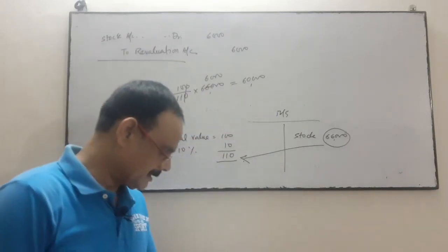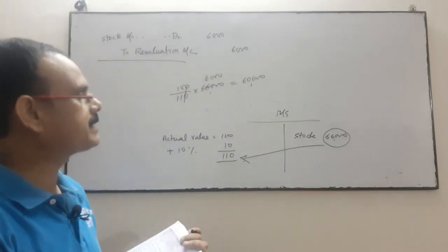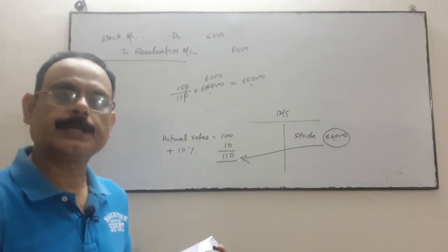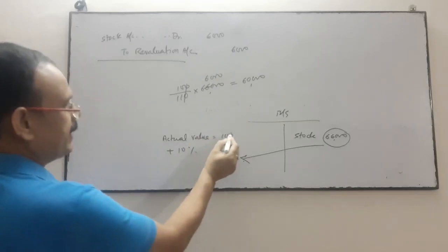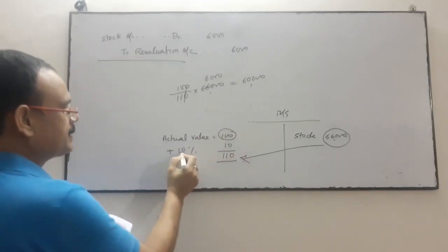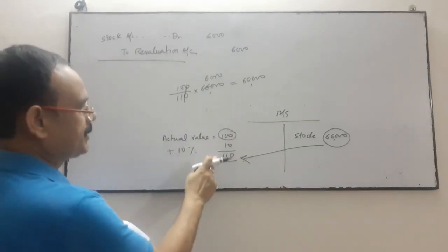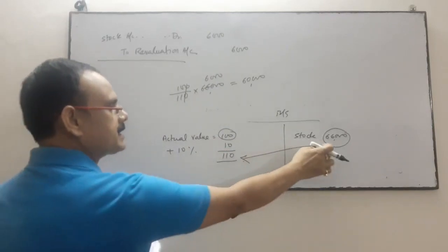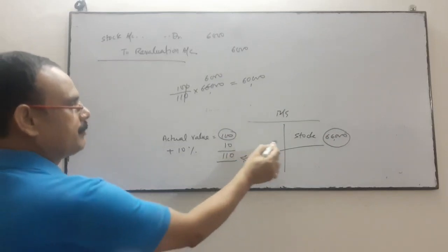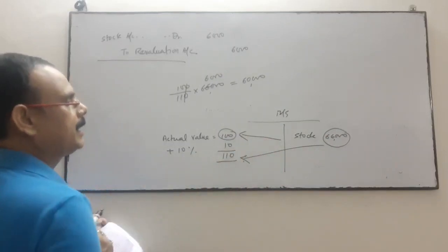So the stock is actually 60,000. So stock is reduced by 6,000. Actual value is 100, but it is overvalued by 10%, so it is 110. 110 represents 66,000, but the actual value is how much? 100.